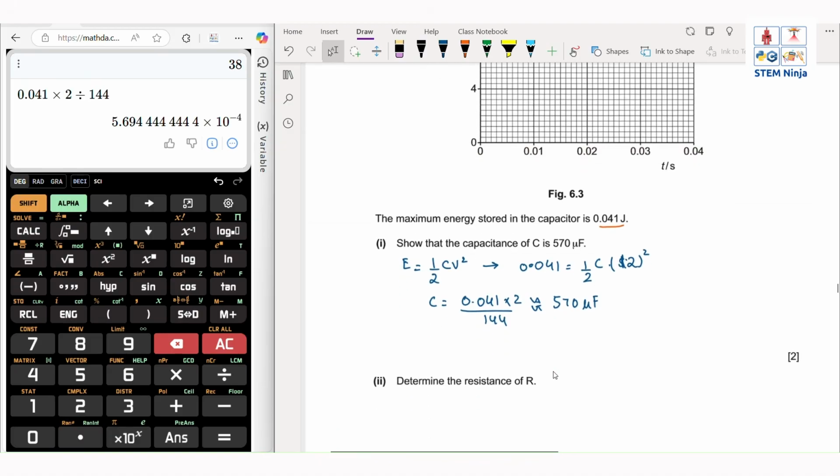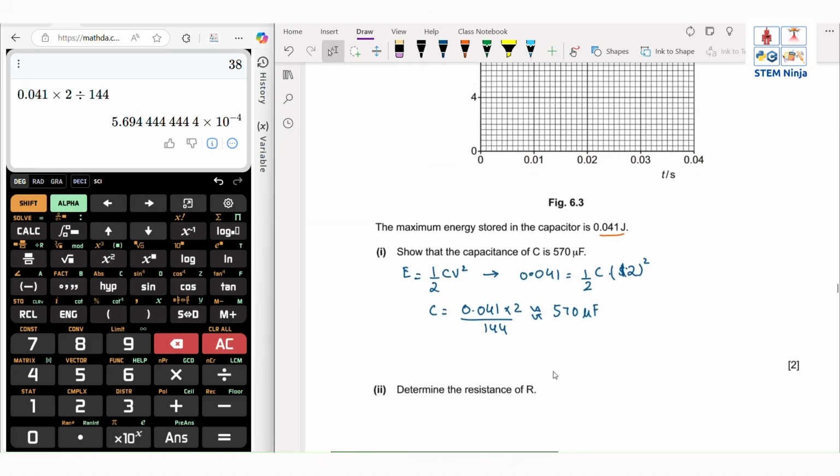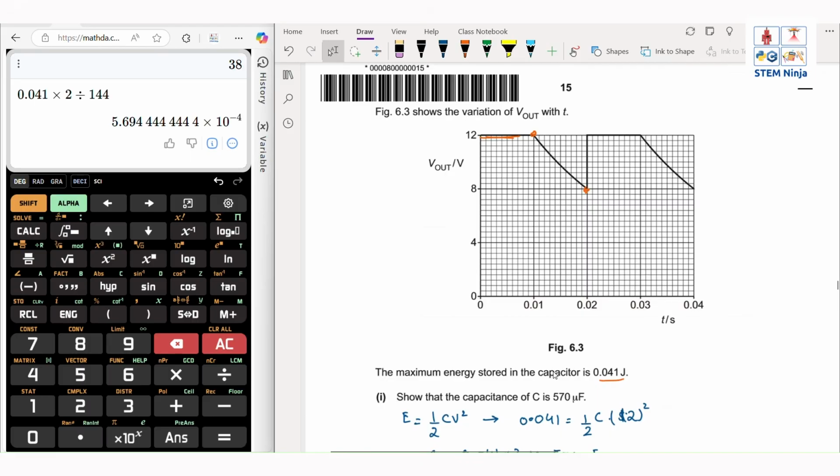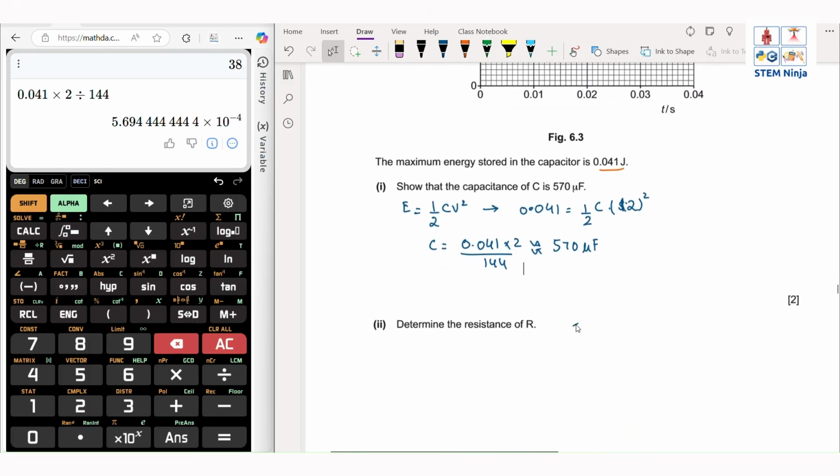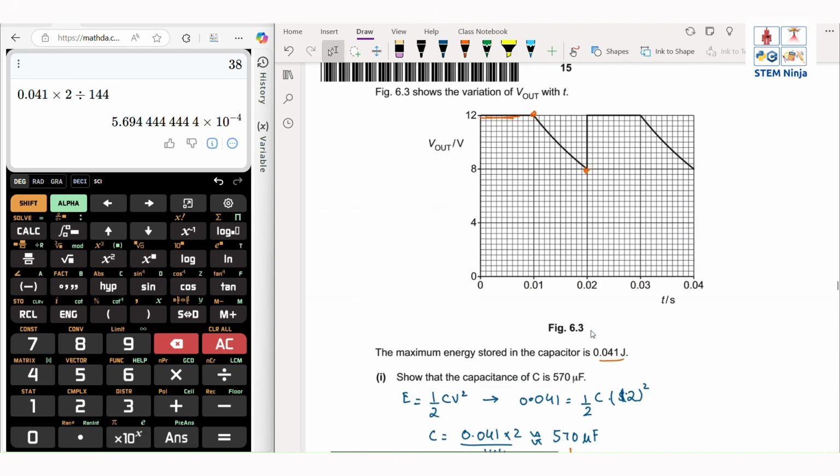All right. Determine the resistance of R. For the resistance, we need the time constant. We have only one relation between the capacitance, so RC. C we have over here. For R, we need to figure out the time constant first. We will figure out the time constant from this change in potential over change in time.